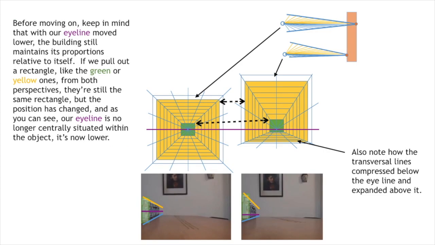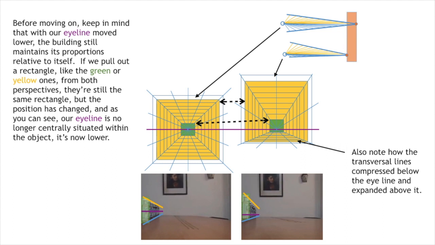And before moving on, just keep in mind that with our eye line moved lower, the building, let's say in this example, still maintains its proportions relative to itself. Or let's say it's the bottle. If we pull out a rectangle like the green or yellow ones from both perspectives, they are still the same rectangle or square. They have the same dimensions. But the position has changed relative to the observer.